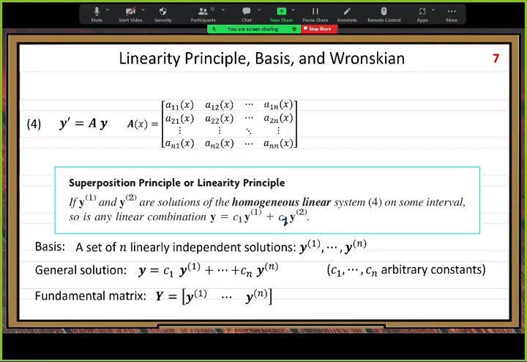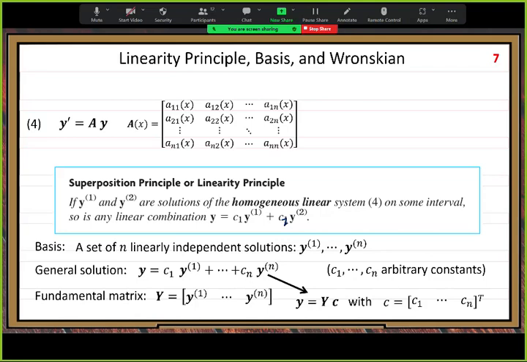After we introduce this concept, we can represent a general solution using the fundamental matrix. What's that? Little y vector equals capital Y matrix times C, the constant vector from the constant coefficients.